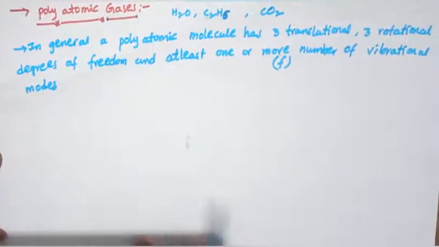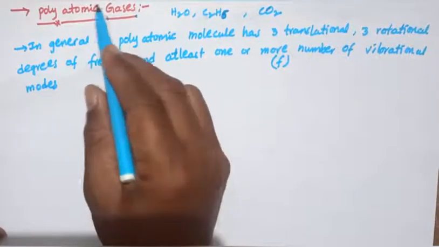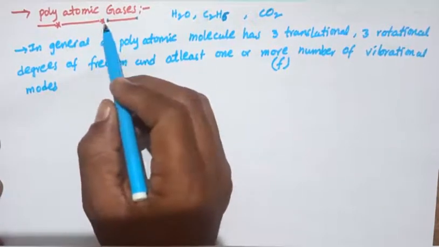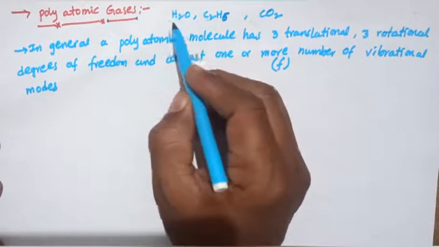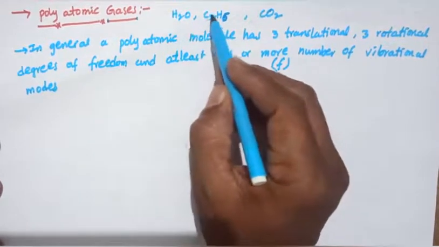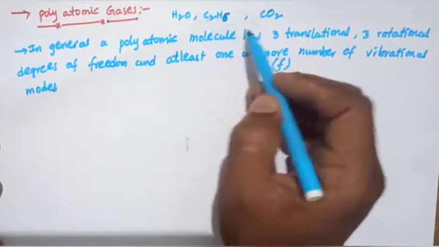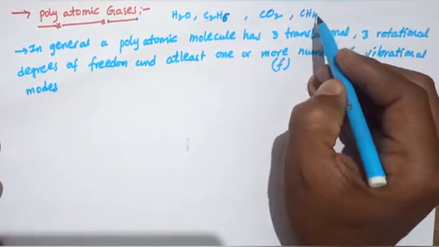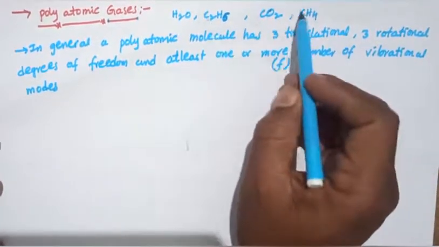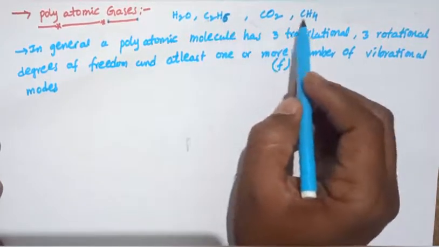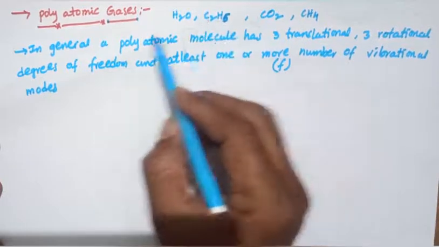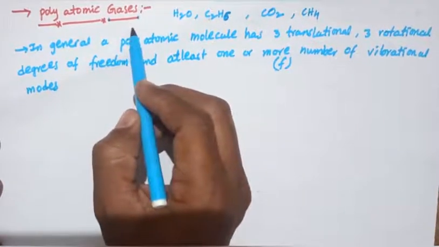Now polyatomic gases. Examples are H2O, C2H6, CO2, CH4. A gas consisting of 3 or more atoms is called a polyatomic gas.